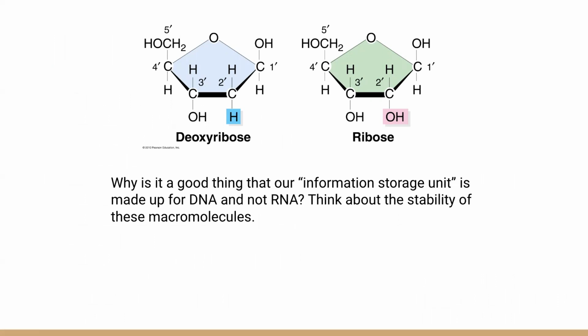That extra OH on the RNA nucleotide, on the 2' carbon, makes RNA more unstable and reactive, which is good because RNA is designed so that once you use it, you quickly degrade it. Because DNA does not have the extra OH group, it's more stable, which is a good thing because you want your DNA to remain there and not get degraded.